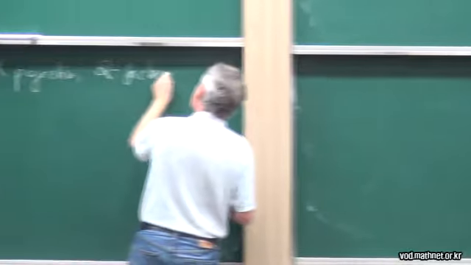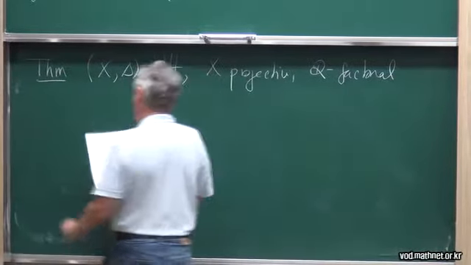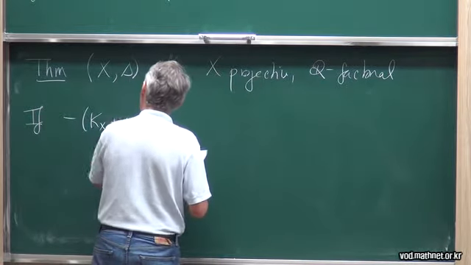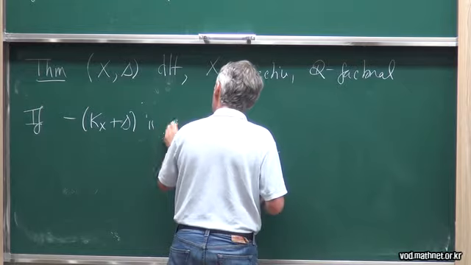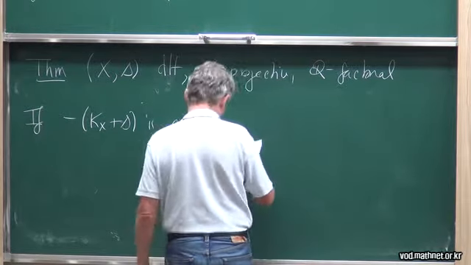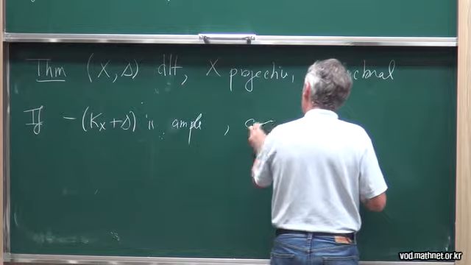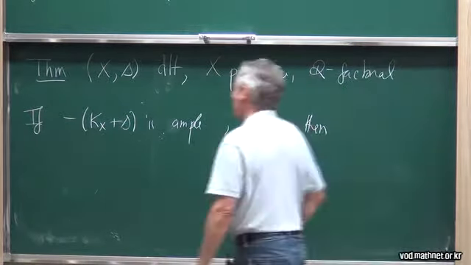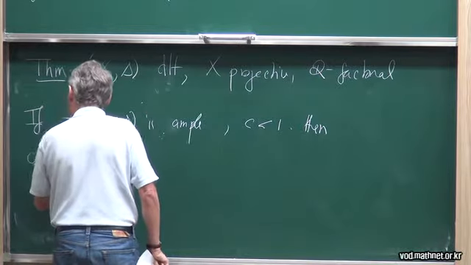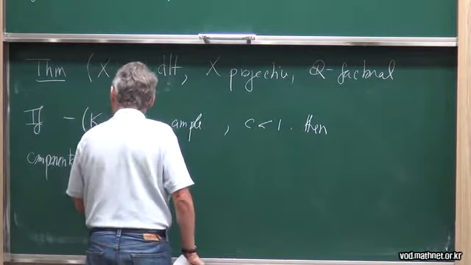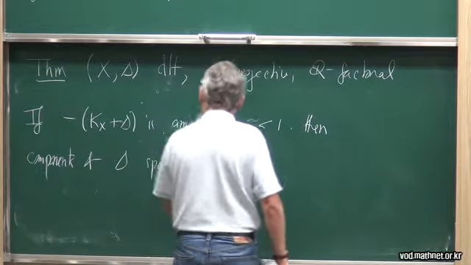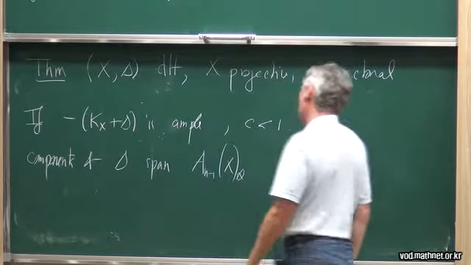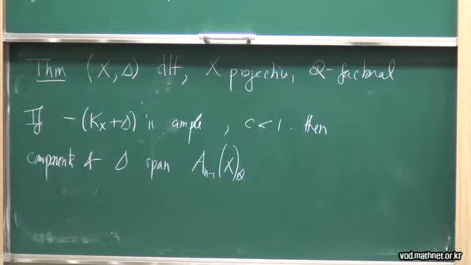If minus (KX plus delta) is ample, sorry, and the complexity c is less than 1, then the components of delta span the class group. I mean, as a vector space, so give it Q coefficients.